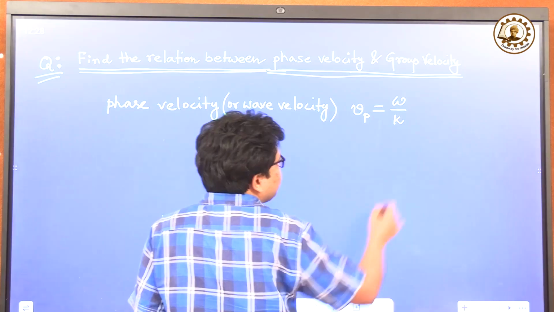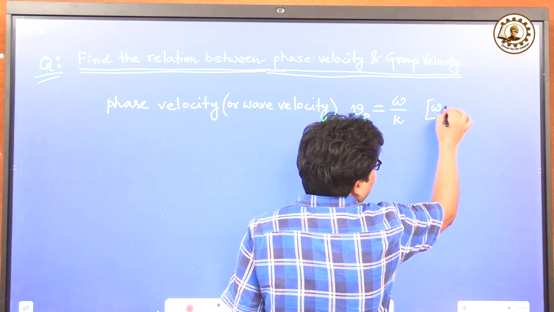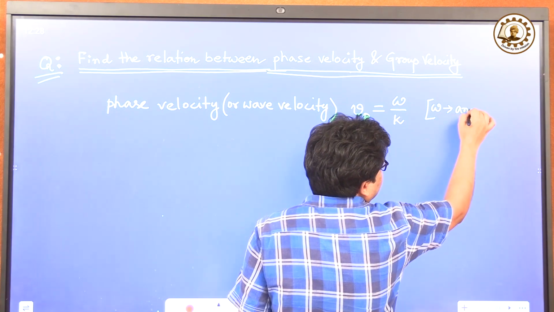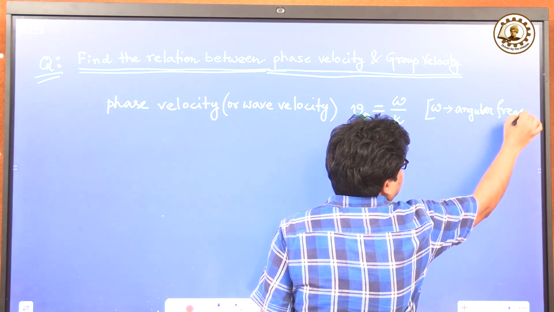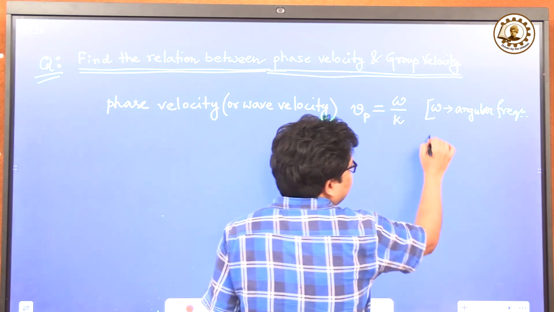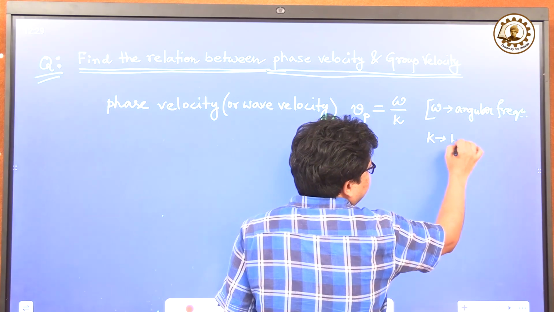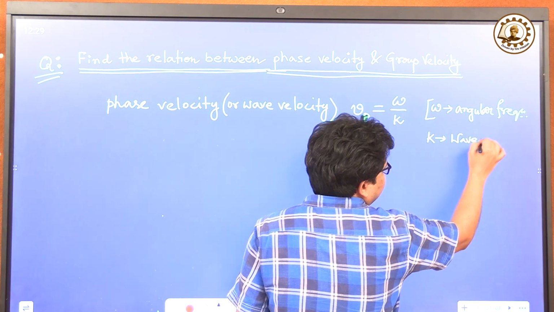Now what is omega? Omega is the angular frequency of oscillation. And what is k? K is the wave propagation vector or wave propagation constant.